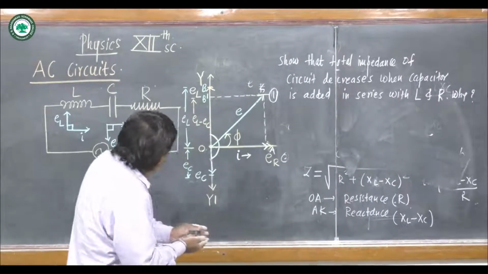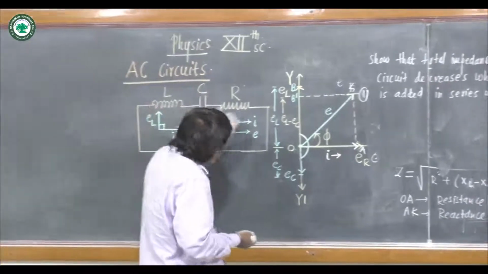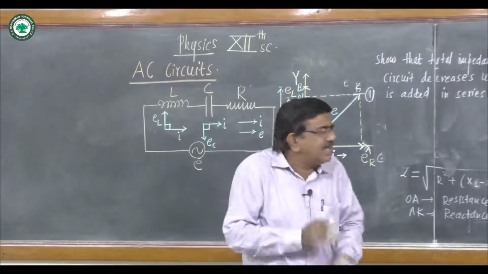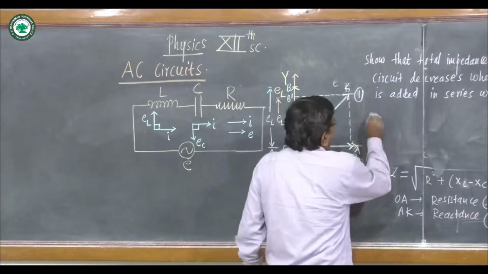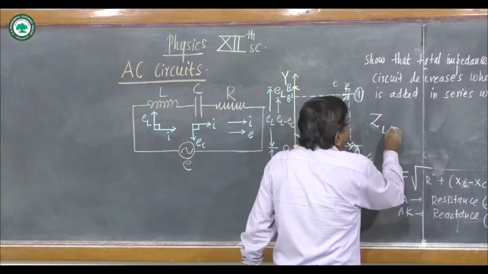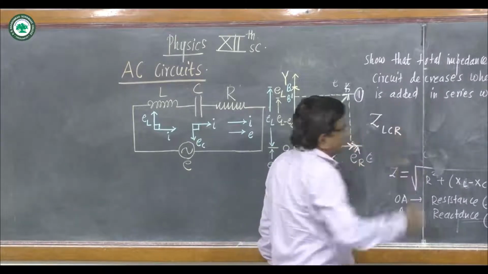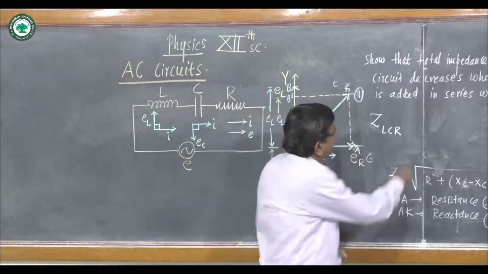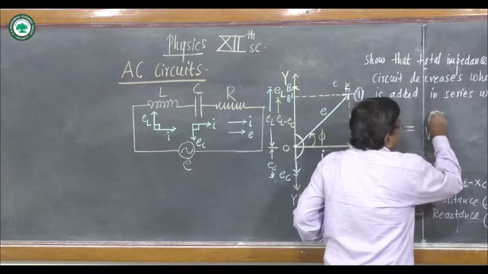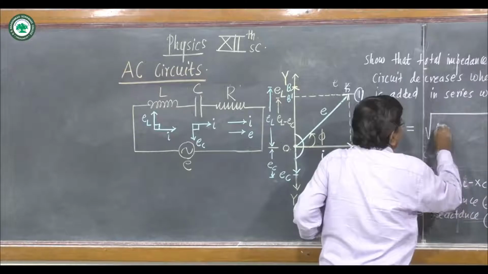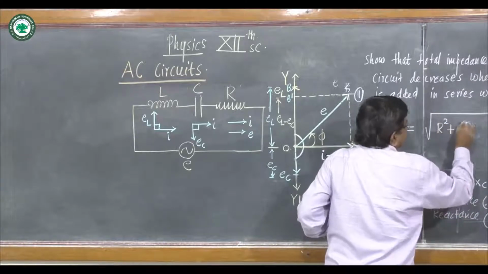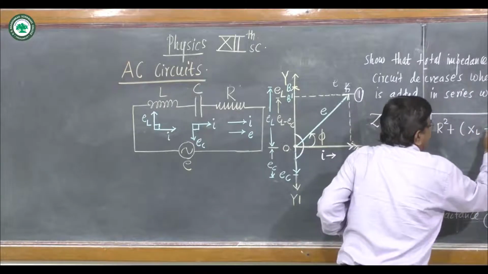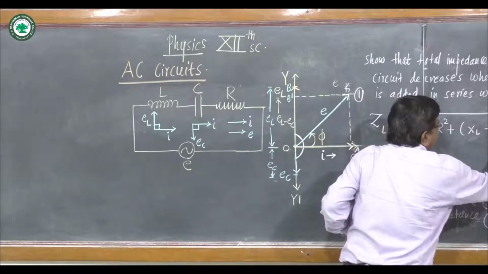Now we know that in a series LCR circuit, when all the components are there in series, the impedance Z LCR is the square root of R square plus XL minus XC its square.